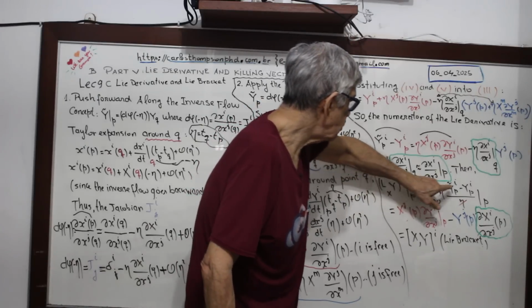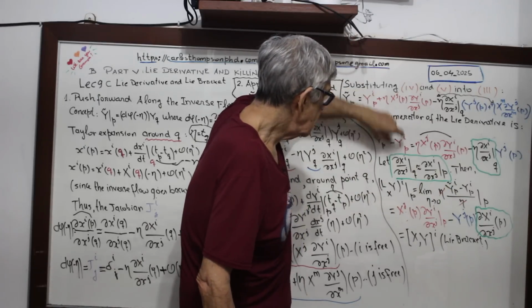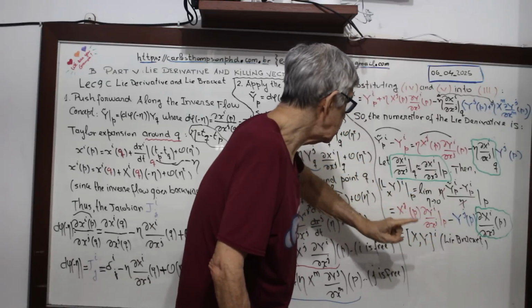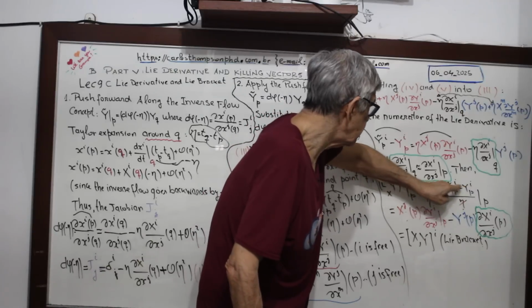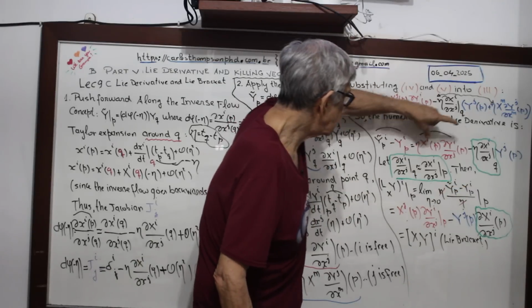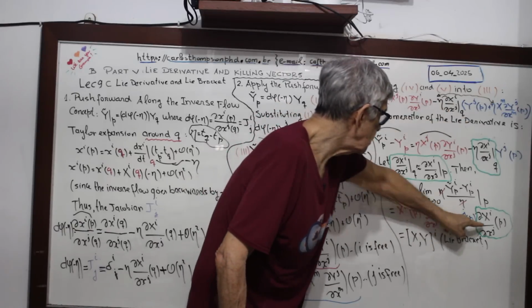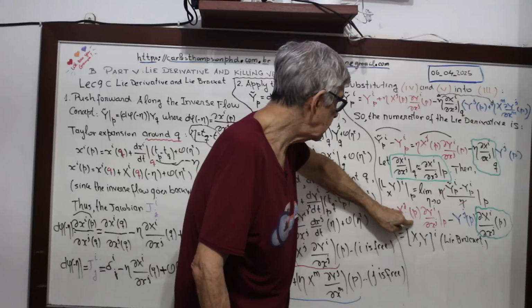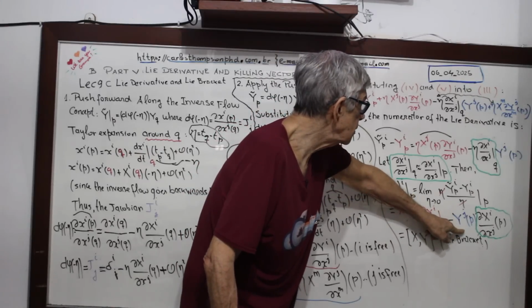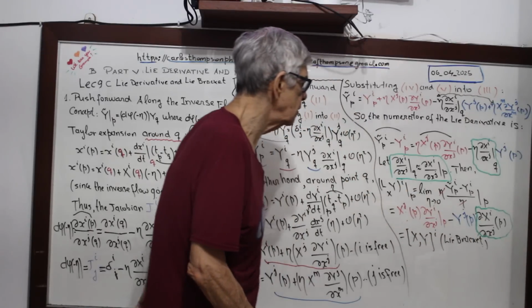There's a numerator, just over here, divided by eta. And then I substitute this difference just into this one, so I maintain the red, the blue one, and the green one. It's quite easy.